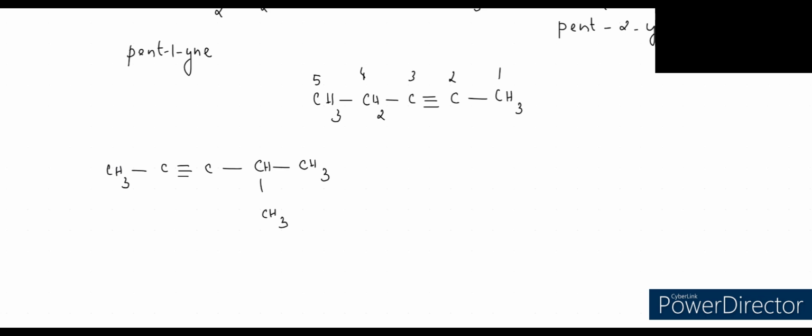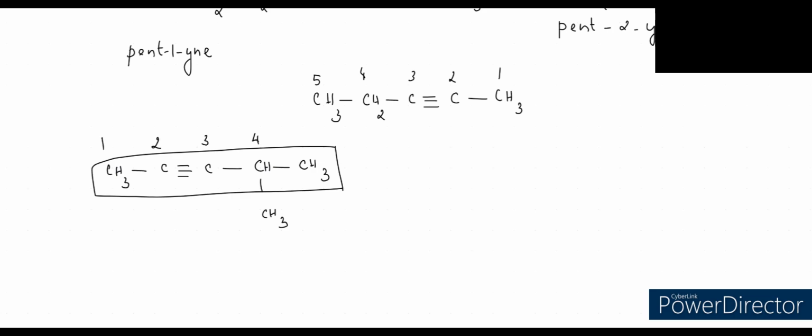And now I have selected this as the parent chain. After we select the parent chain, we need to number the carbons in such a way that the triple bond gets the lowest possible number. So 1, 2, 3, 4, and 5. Triple bond is between 2 and 3, so I select number 2.